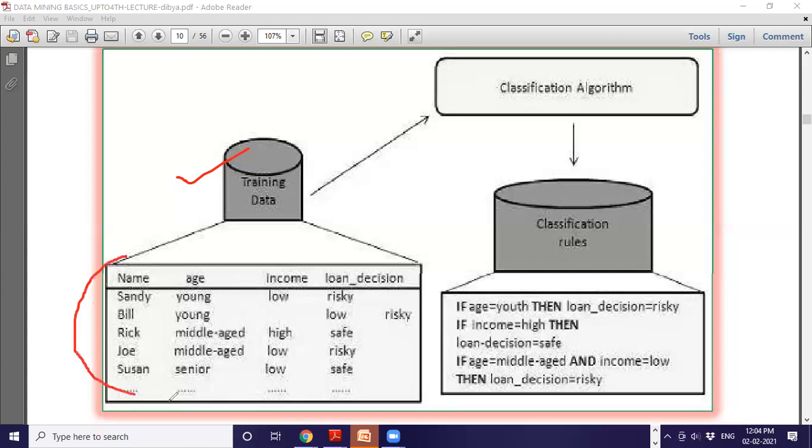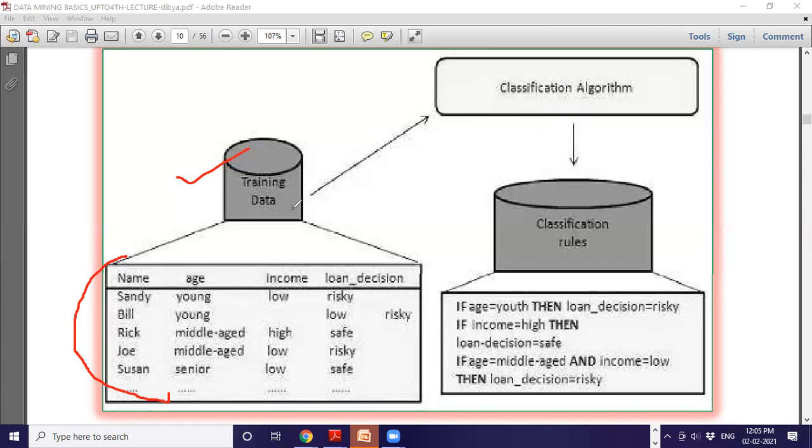Manually you can do it, but what would happen if I have, suppose, 1 lakh such tuples? Now you are considering these 1, 2, 3, 4, 5 tuples. Suppose we have 1 lakh such tuples. In that case, we need an algorithm. First, with that algorithm, we will build our classification model, and that will be done from this training data.